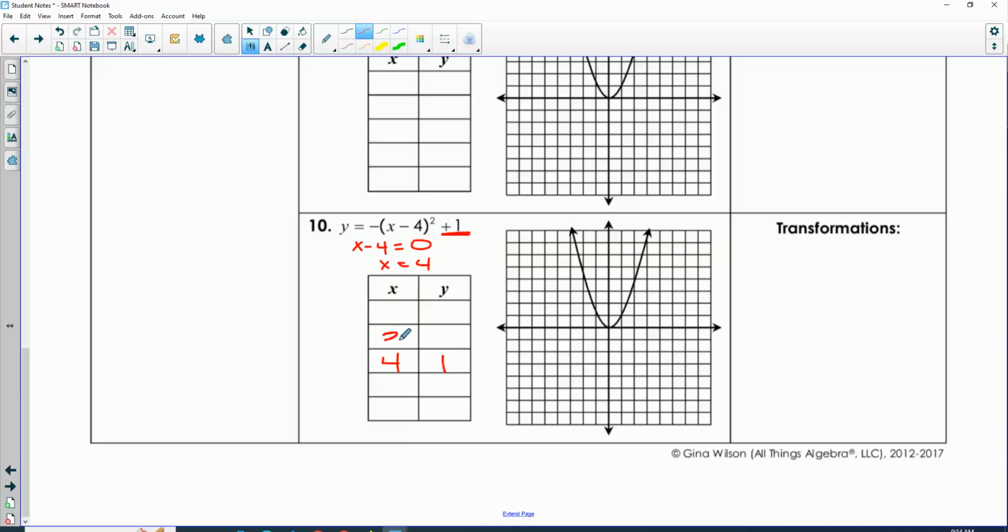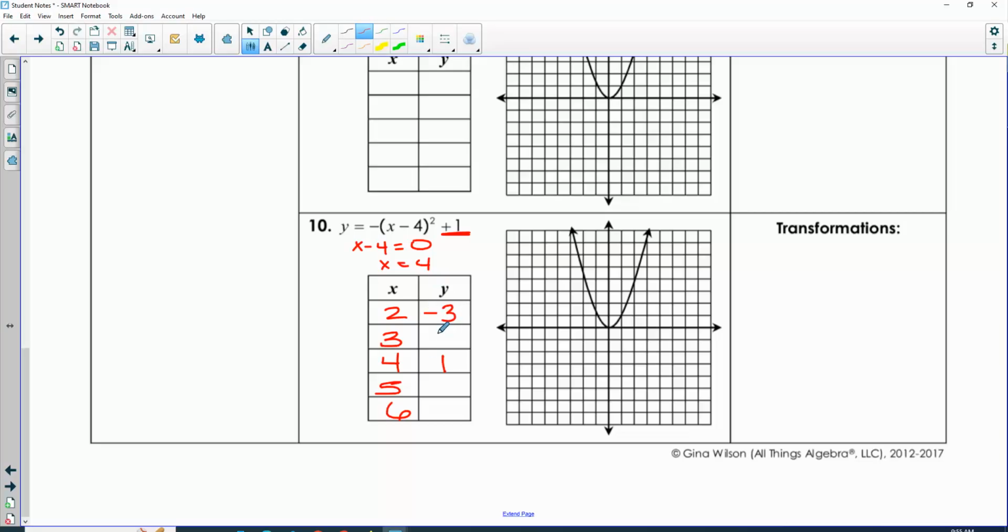All right, so smaller and larger. You guys do 2. You guys do 3, 5, and 6. Plug them in, let's see what we can get. Don't forget the negative in front of your parentheses. All right, 2. What did you get? 3.